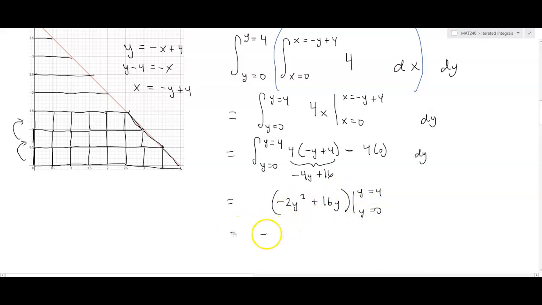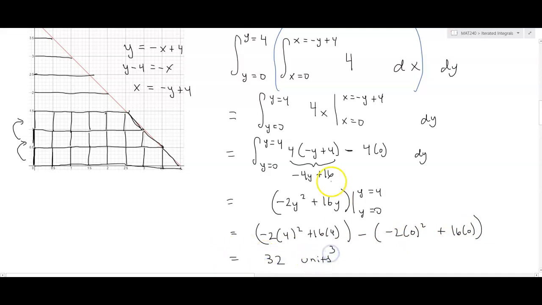So when I plug in 4, I'll have negative 2 times 4 squared plus 16 times 4, which is negative 32 plus 32. Subtract away negative 2 times 0 squared plus 16 times 0. That's going to give me 0, and I'm going to end up with an answer of 32 units cubed, which is exactly the same answer we ended up with doing it the other way around.